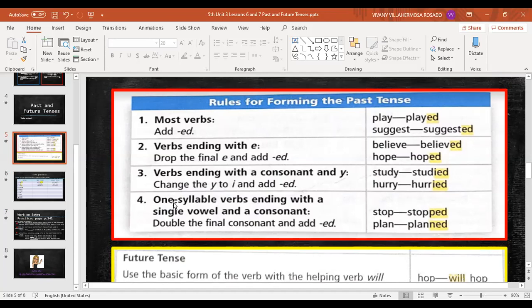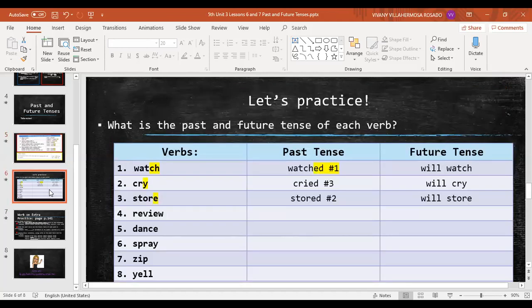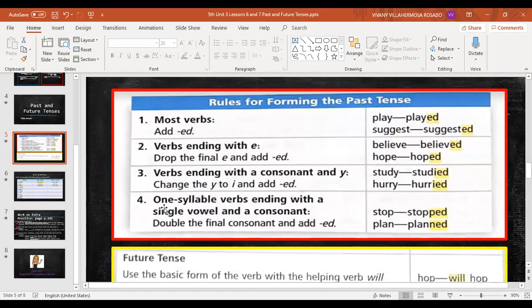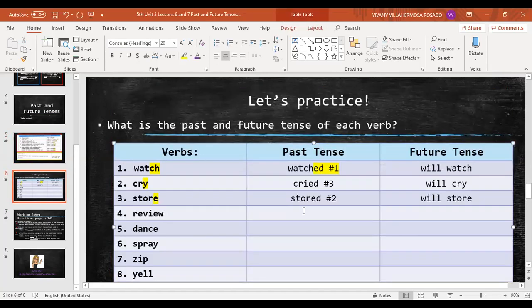It talks about one syllable verbs ending with a single vowel and a consonant. So let's see, review. Oh, nope. Review is a 2-syllable word. So I immediately know that I cannot use rule number 4. So if I've already eliminated 2, I eliminated 3, and I eliminated 4, that means that rule number 1 is the only rule that I can use for this one. So I know that the only thing I have to do is add ed, and this is rule number 1.